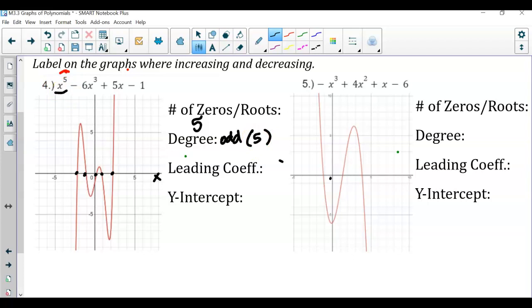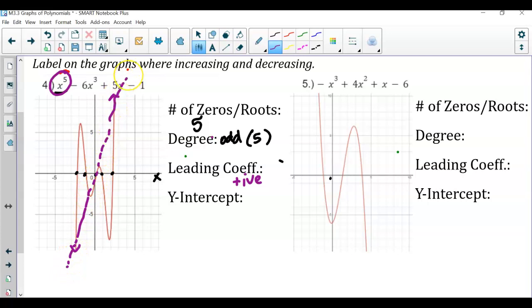Now the leading coefficient. So here's how I show the leading coefficient if you're not given the equation. I can see here that my leading coefficient is positive because that's a positive x to the 5th. But if I were to read this left to right, let's say I'm going to connect my two ends. If I were to go left to right and create a straight line, what do you notice?